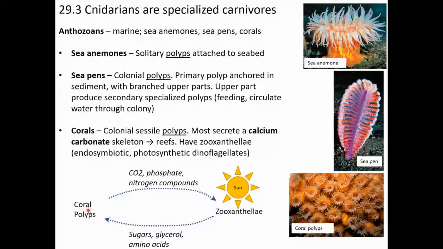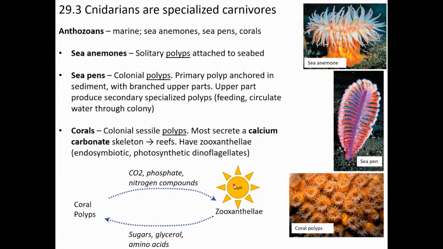Corals, which tend to live in nutrient-poor waters, release wastes that are rich in nitrogen compounds, which are needed by organisms undergoing photosynthesis. The zooxanthellae use those nutrients for photosynthesis, and the benefit the coral polyp gets is some of the results of that photosynthesis, sugars and glycerol, so essential carbohydrates for themselves.